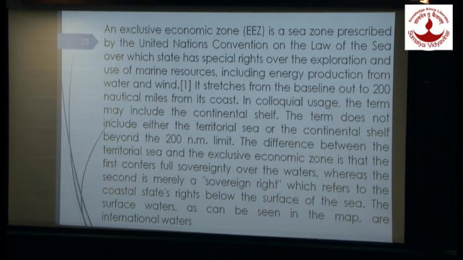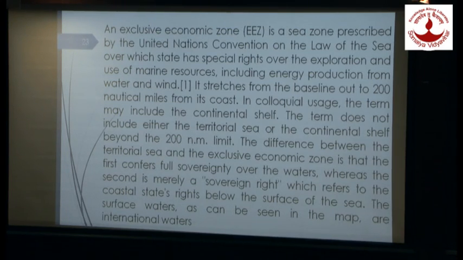Now earlier, there was nothing called EEZ or demarcation. What is this EEZ which we are talking about here? It is the exclusive economic zone. So much earlier there was nothing marked as exclusive economic zone.